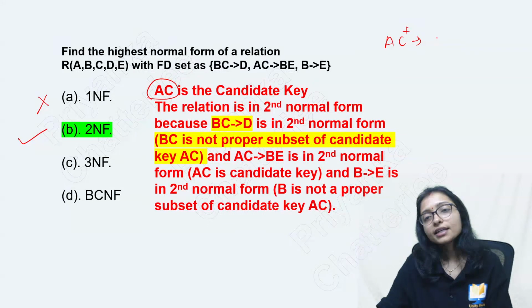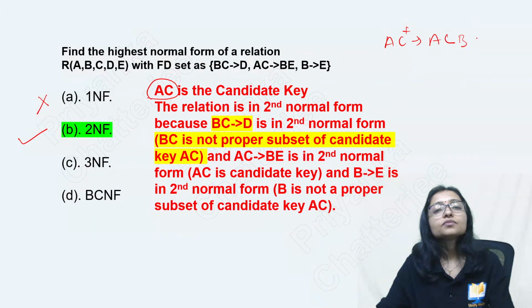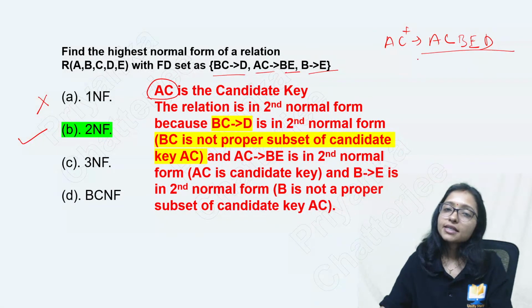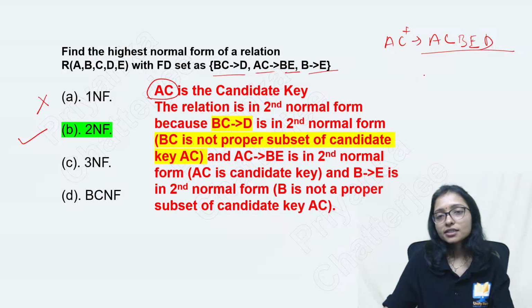AC, if you take A, C, then after that B, because from AC to BE you are getting here. Now BE is already there, BC to D. So A, B, C, D, E is coming. AC is your candidate key.